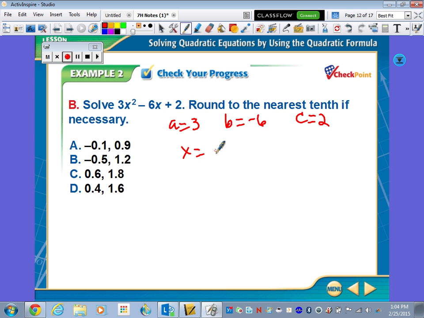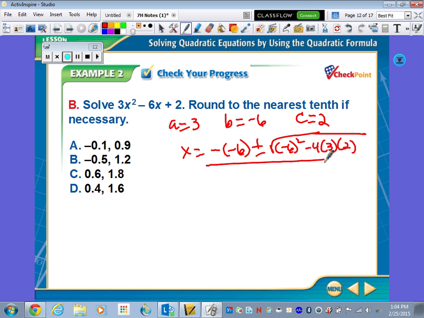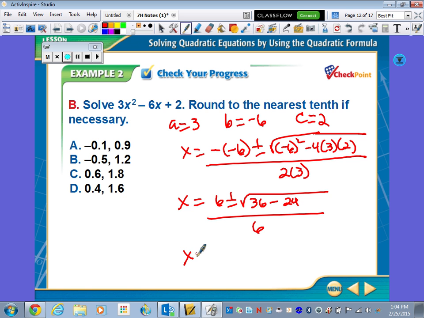So x equals the opposite of -6, which is +6, plus or minus the square root of -6 squared minus 4 times 3 times 2, and the whole thing is over 2 times 3. So x is 6 plus or minus the square root of 36 minus 24 over 6. So 6 plus or minus the square root of 12 over 6.